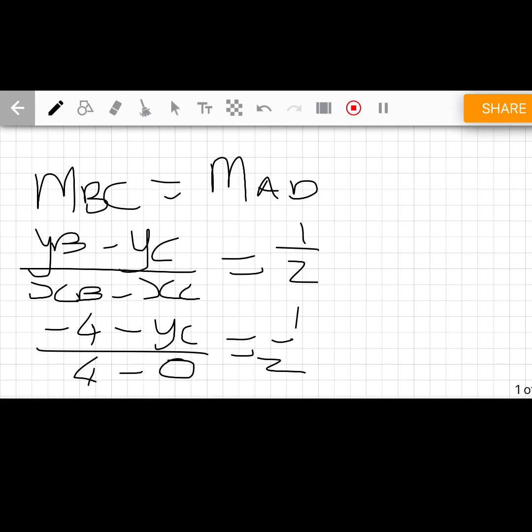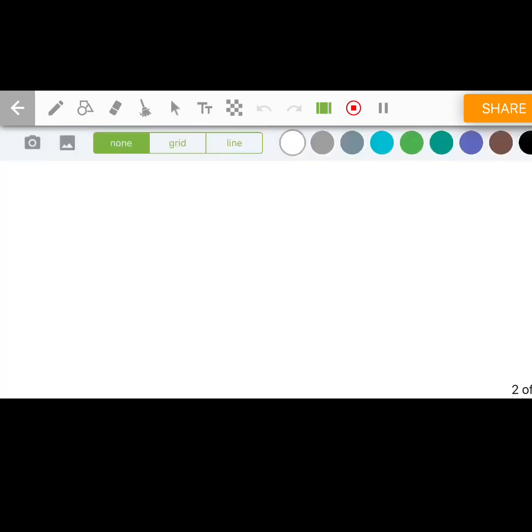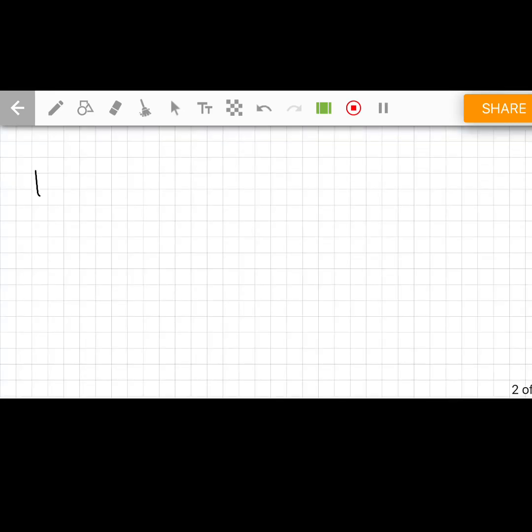Alright, now let me continue this page. So I'm going to say a half equal to, we have on top negative 4 minus y of C all over 4. Alright, so to get them under the same denominator, I will cross multiply.